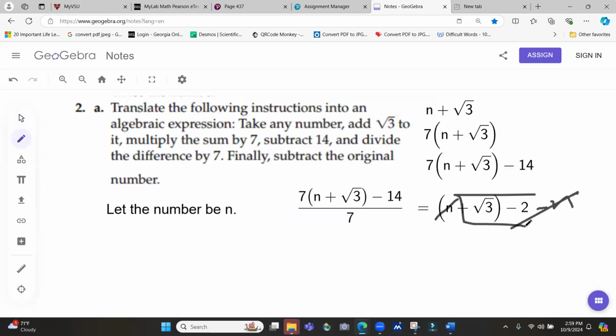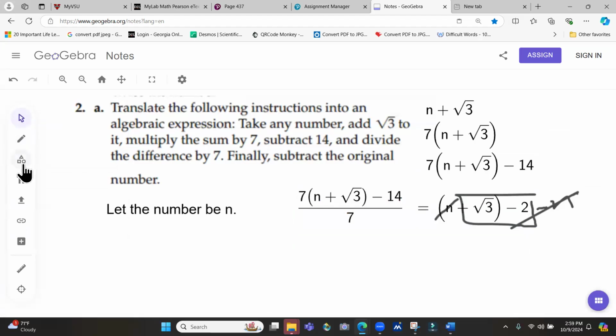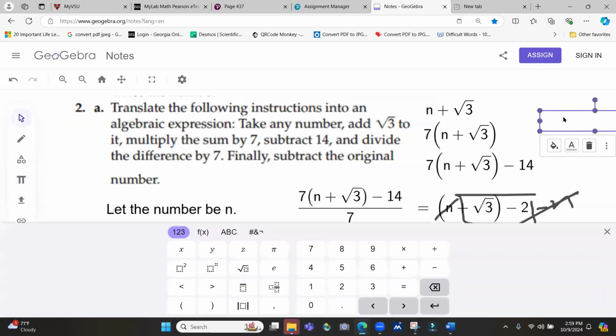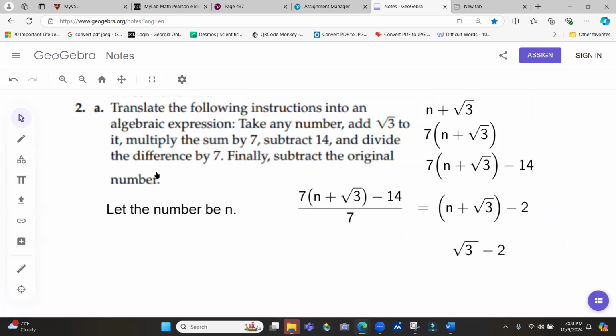The answer is square root of 3 minus 2. That's my final answer, and thank you for catching my error.